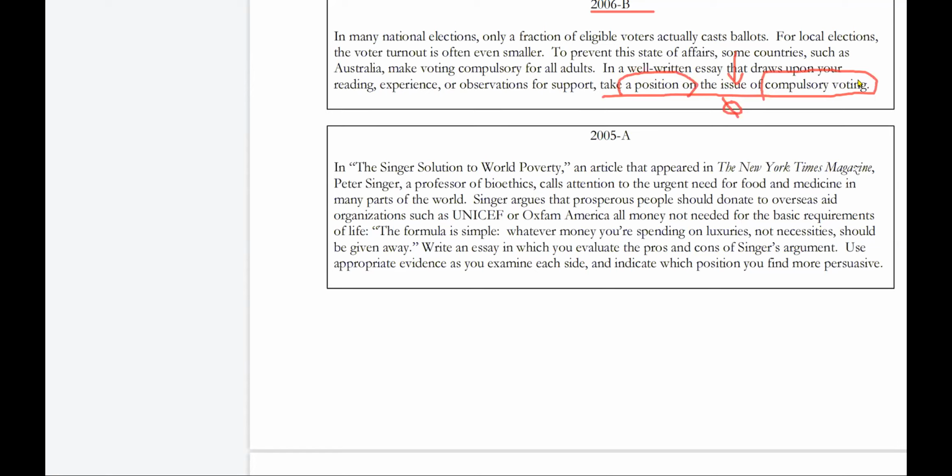So government. Chad, what do you think? Compulsory voting can benefit the first player, government. How? It could benefit the government by making it more fair and representing of the citizens. Does that benefit the citizen then?